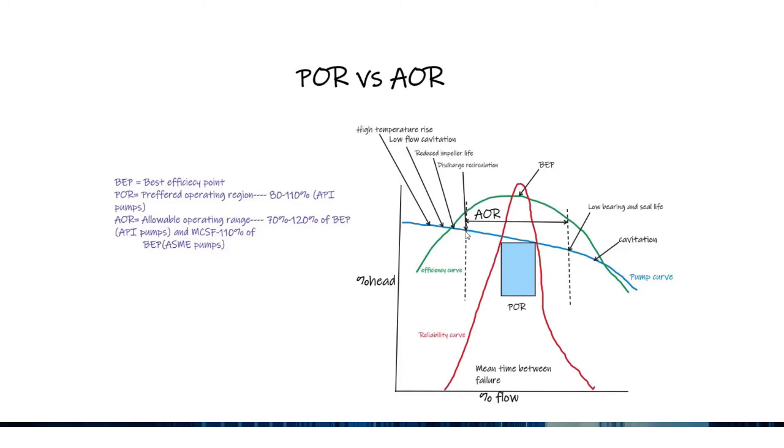On the lower side, if the pump runs in a low flow condition, we will come across the discharge recirculation problem, and then because of the erosional and hydraulic vibrations, there will be reduced impeller life, and again we will come up with a low flow cavitation issue, and at the end we can also have a high temperature rise issue. So these are the problems which the pump will face if it operates beyond these parameters.